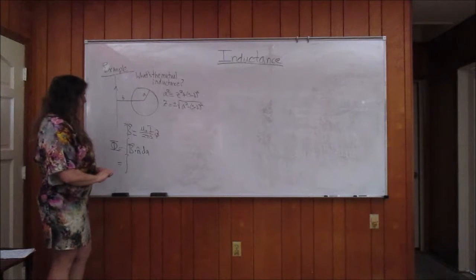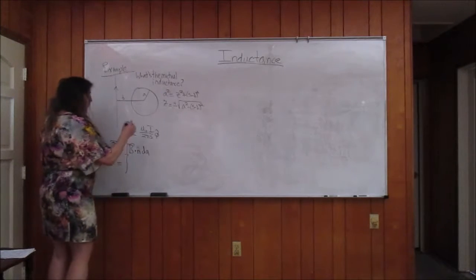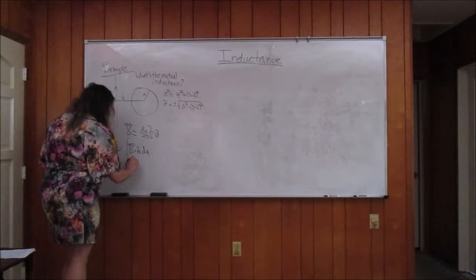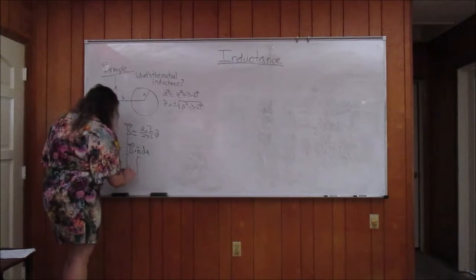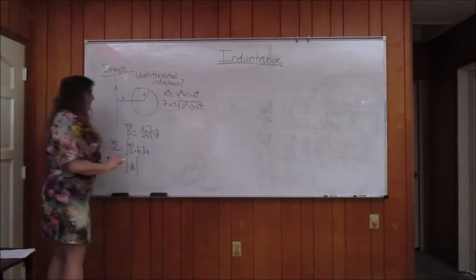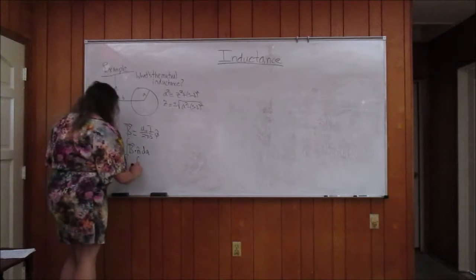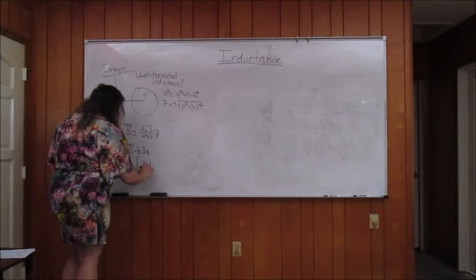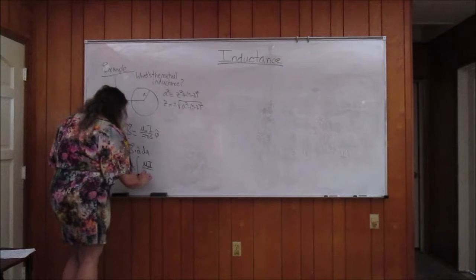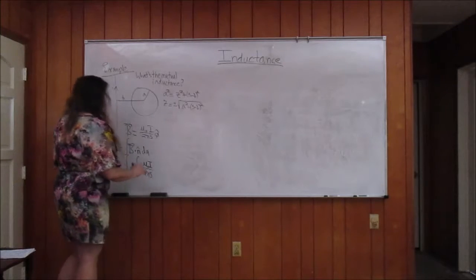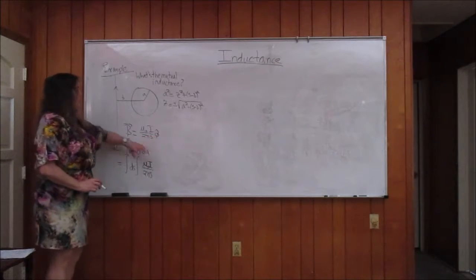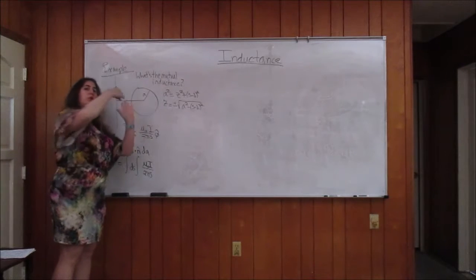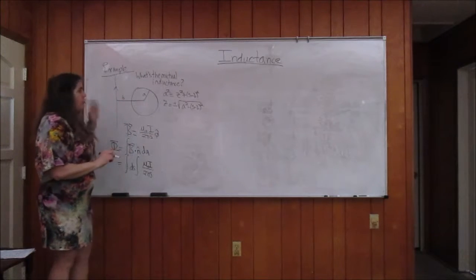Okay? In this case, I'm going to do the dz integration first. So I have mu naught I over 2 pi s. And again, circumferential direction means it's pointing into the board, and that's the normal of our loop.